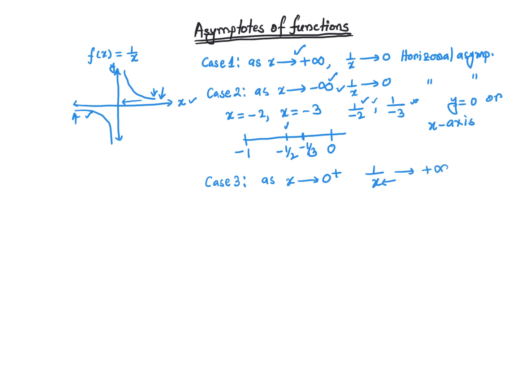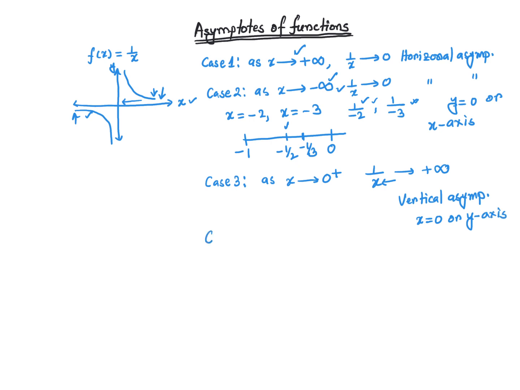Positive infinity. So in this case, we have a vertical asymptote. And what is the equation of the asymptote? It is the line x is equal to 0, or the y-axis.